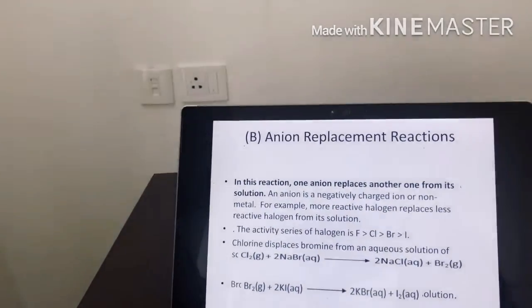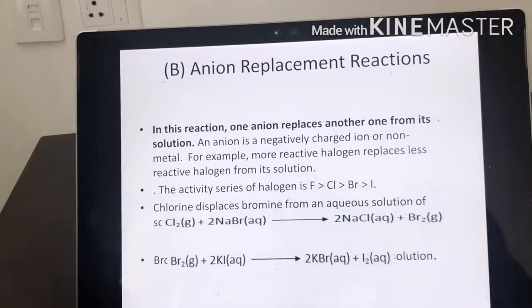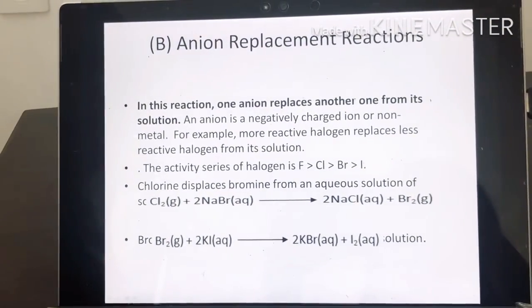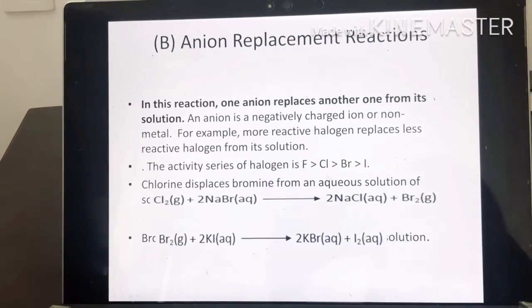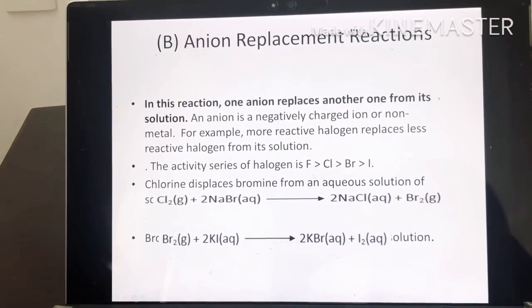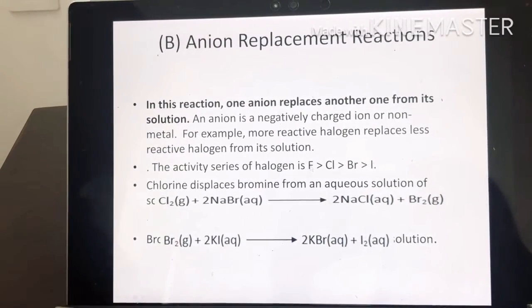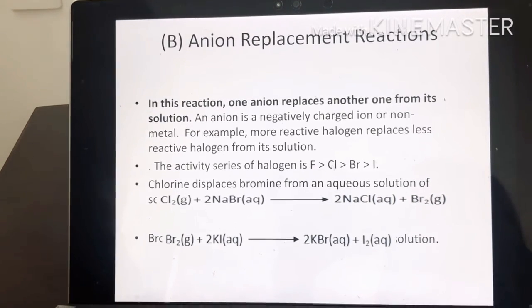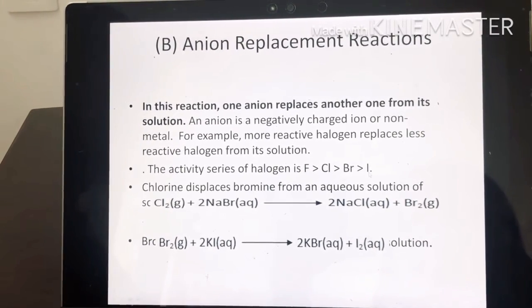I think so. We have seen the metal displacement reaction. Now we have the non-metal displacement reaction, or anion displacement reaction, where a negative ion is displaced by another negative ion from its compound. Basically it involves the halogen displacement reaction, and the reactivity order is that fluorine is the most reactive, followed by chlorine, bromine, and iodine is the least reactive.